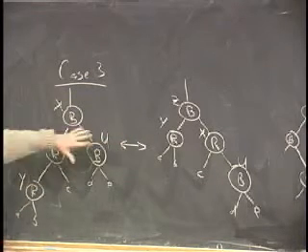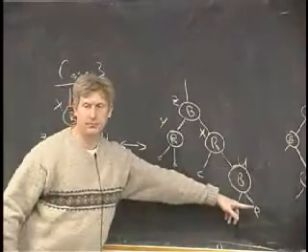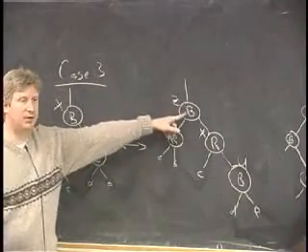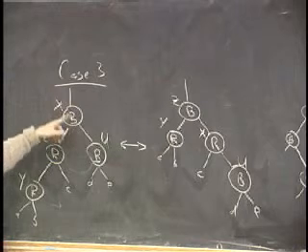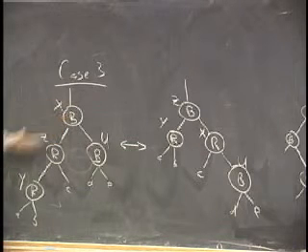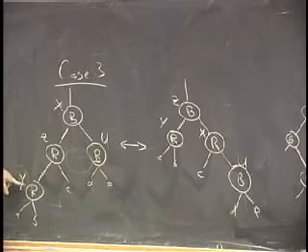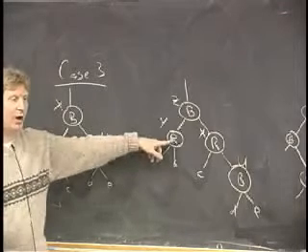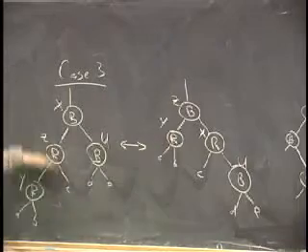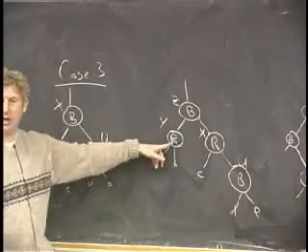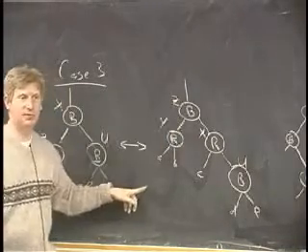Let's look. From U down, things are the same. There's 1 B on top of it on the right, and 1 B on top of it on the right here. Going to the left, here we had Z and Y, but they were both red. Here we only have Y, but that's red. So whatever we had here with Z and Y is going to be the same as we have here with just Y, so the distances will be the same.